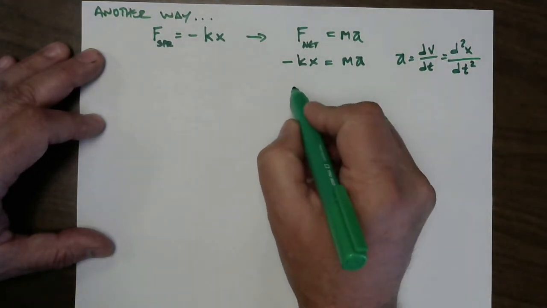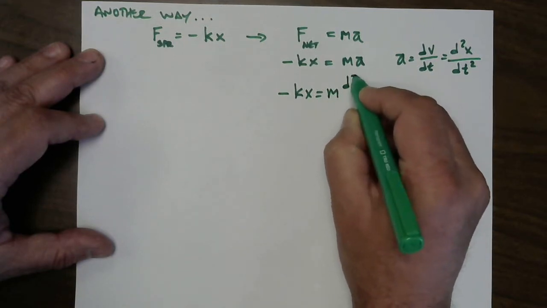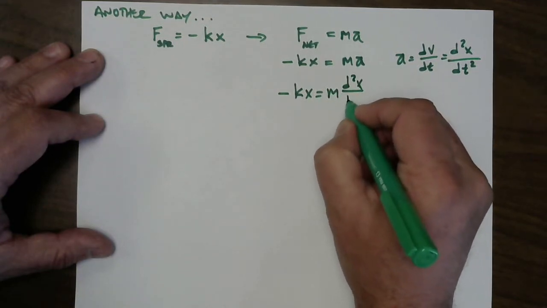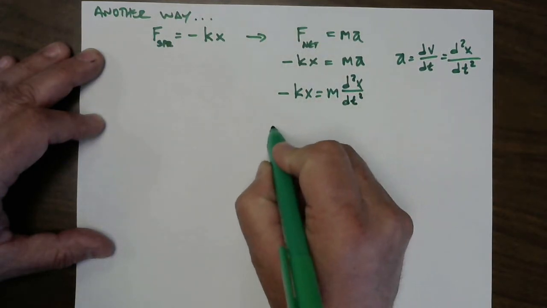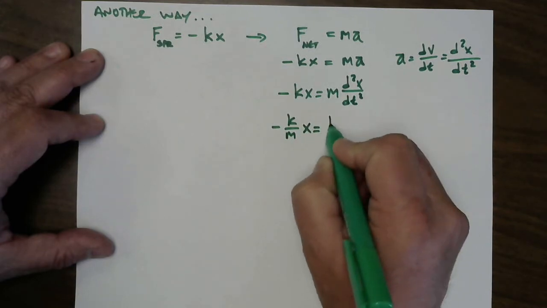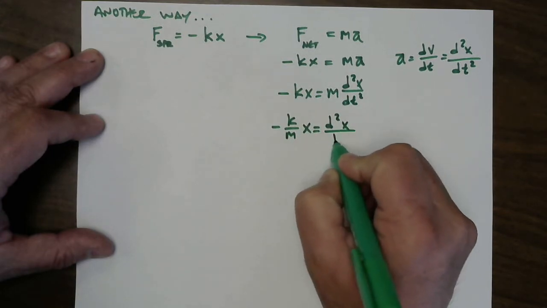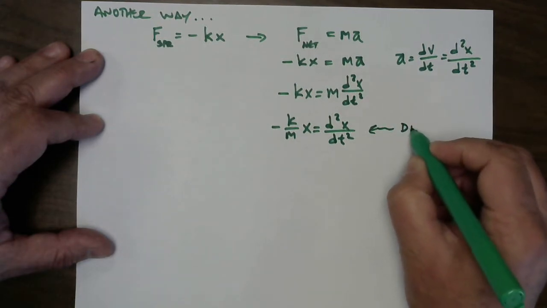So when we put this all together, we get minus kx equals mass times the second derivative of x. Okay, let's get this constant to the other side with the other one. Minus k over m x equals d squared x dt squared. And this, my friends, is a differential equation.